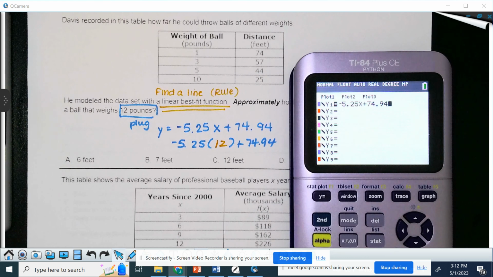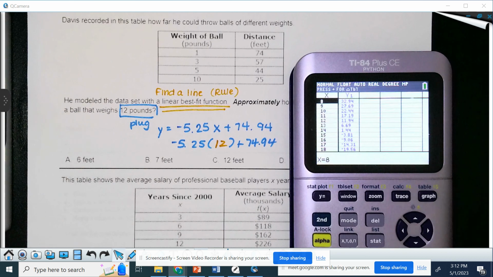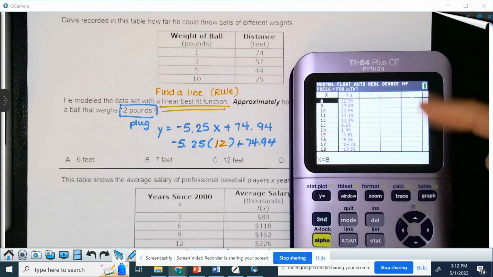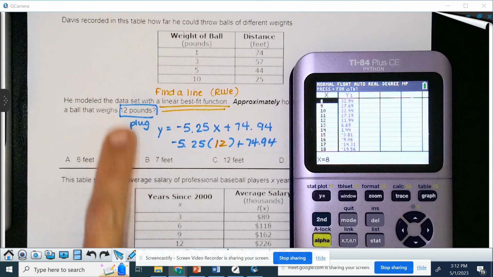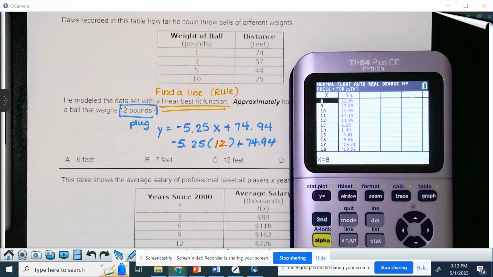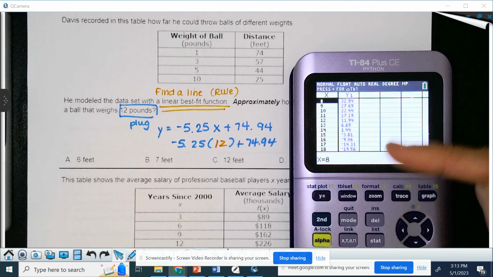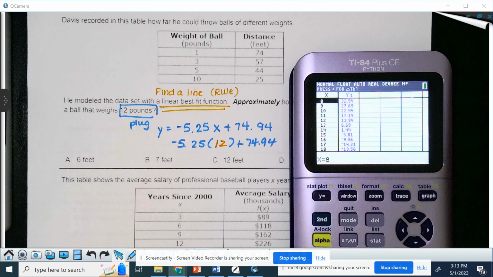If I hit second graph, I can now see all the outputs for every input without having to put them each in individually. Like if there was a part B that said, what about 15? Or what is the difference in the distance between a 15-pound ball and a 12-pound ball? Then if you were on this screen, you could see them without having to do that longhand math very often.